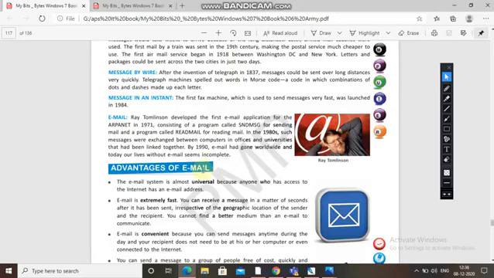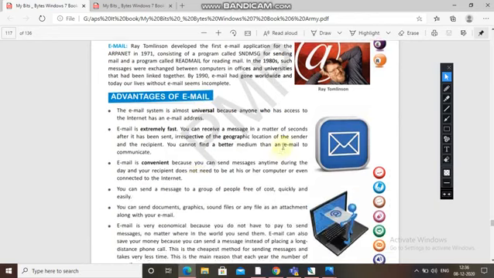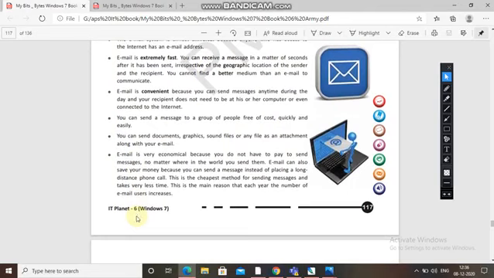You can send a message to a group of people free of cost, quickly and easily. Email is very economical because you do not have to pay much to send it. Even you don't have to pay a single penny to the person. So this is also a good thing.